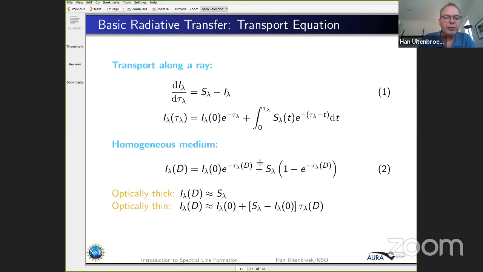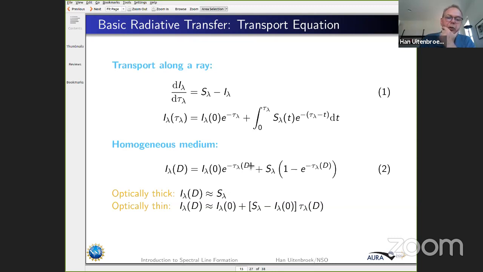Now you can see if this optical path length is large, the intensity falling onto the slab is completely attenuated. This term goes to zero, this term goes to zero. So the emergent intensity from this slab, if it's very optically thick, is equal to the source function.